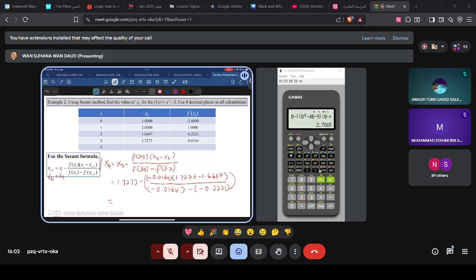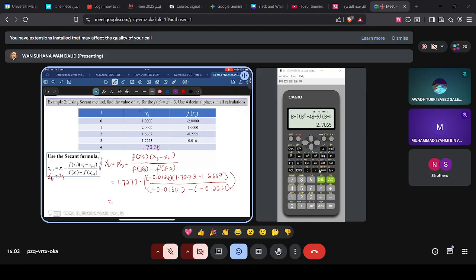Just refer to the values given in the table, and you apply the formula, plug in the values that you are given in the table. Okay, come on, what is the value for x4? 1.7225. Everyone agree with this answer?